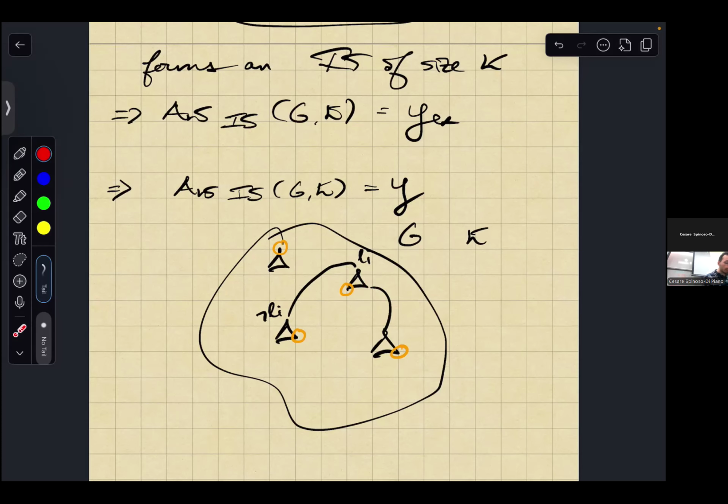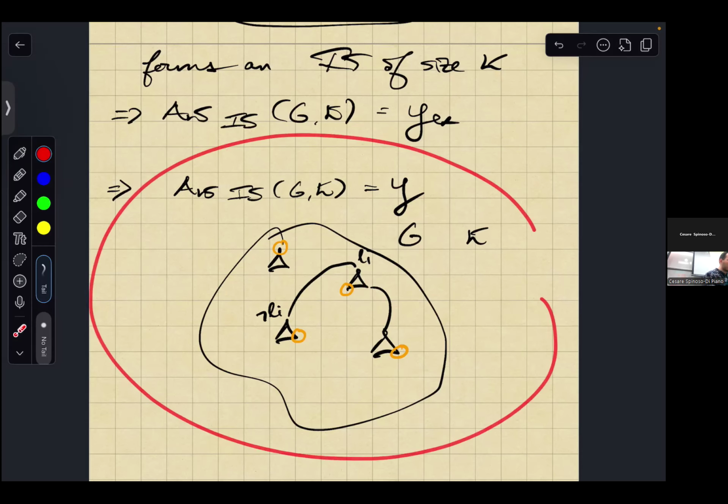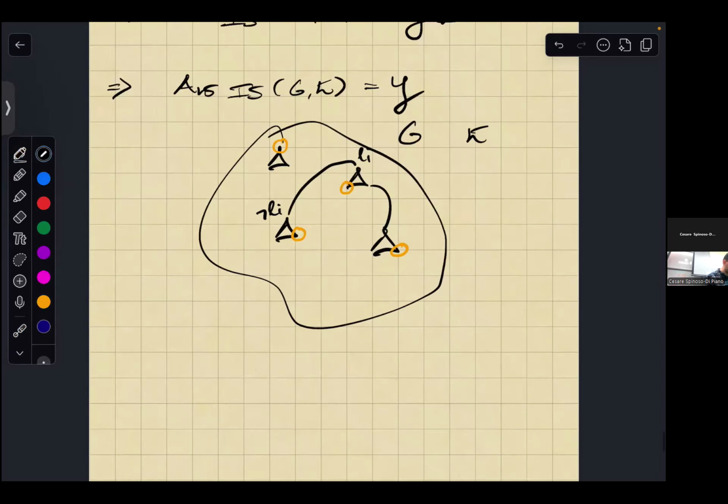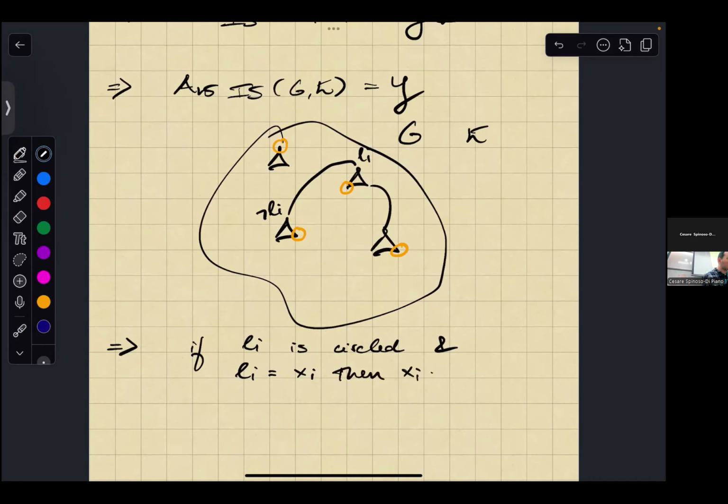So given this independent set of size k, what I can do is create a satisfying assignment. If Li is circled and maybe Li is equal to xi, then make xi true in phi.